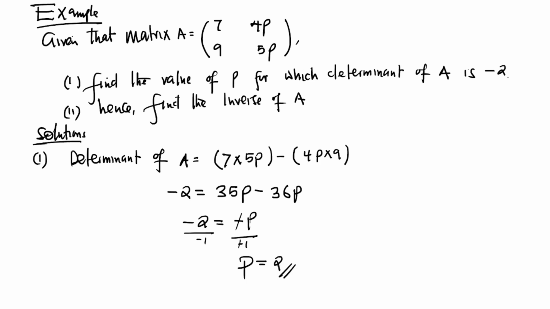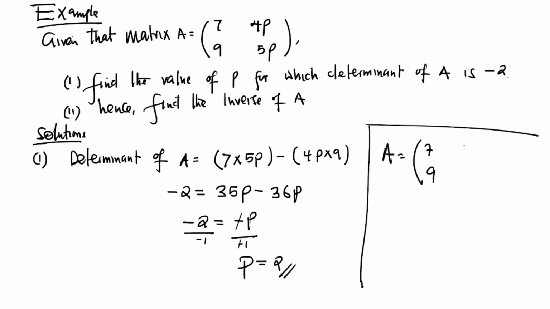So now that you find p to be equal to 2, you substitute the p in the matrix so that you can be able to find the numerical values. Okay? So meaning A there is going to be equal to 7, 9. So here it is 4 multiplied by the 2, which is the p.